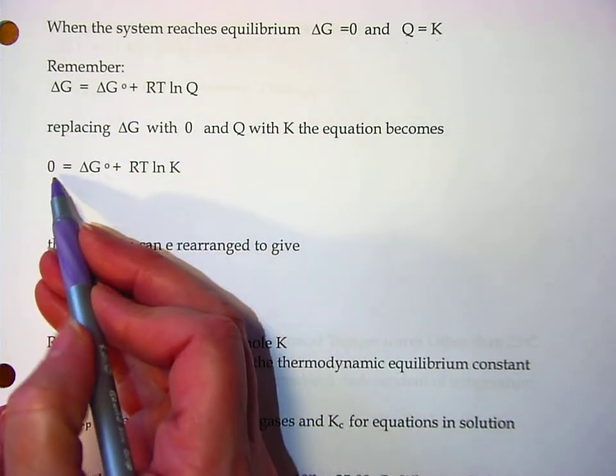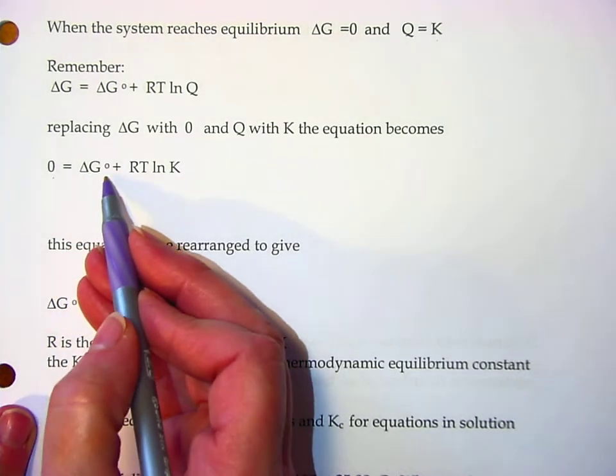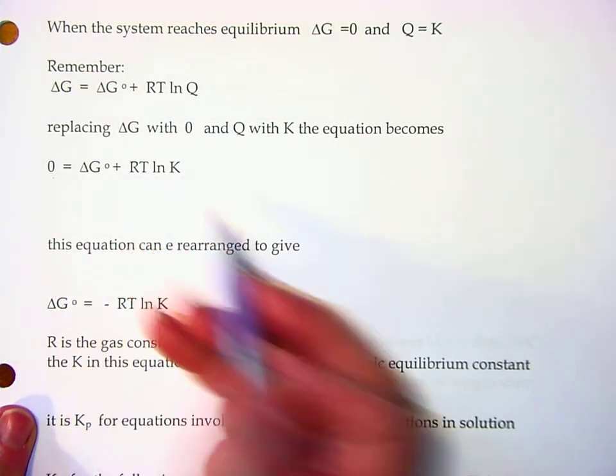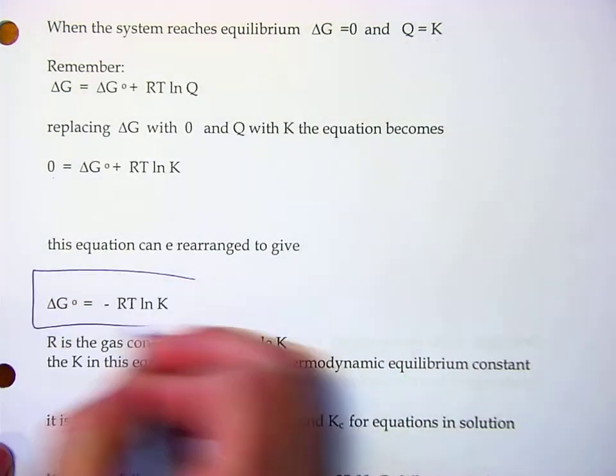Delta G is 0, so 0 is equal to delta G0 plus RT ln of K.